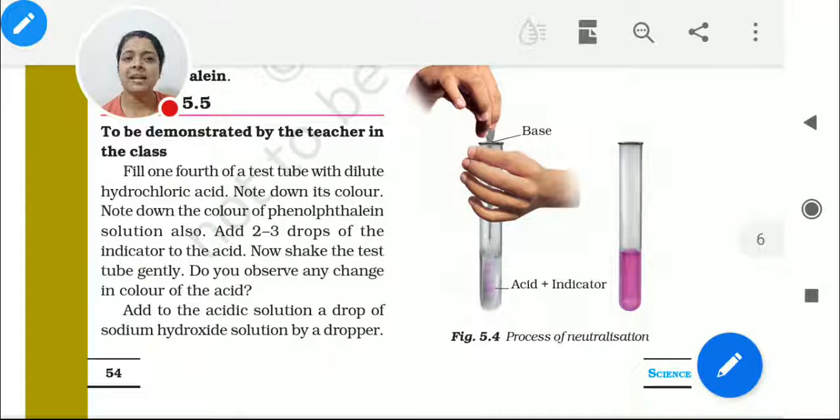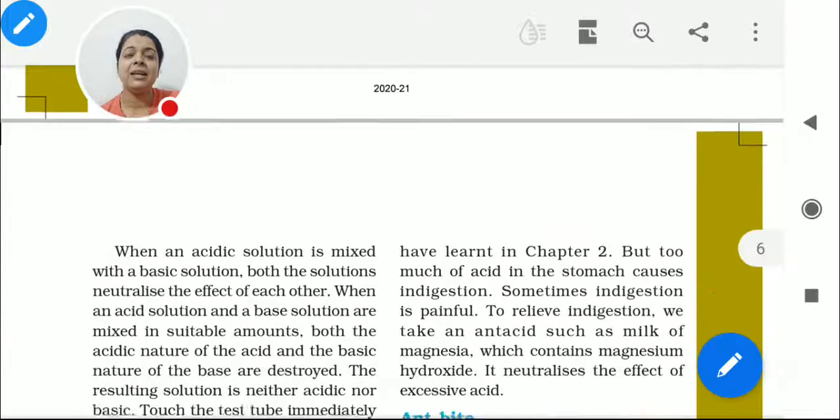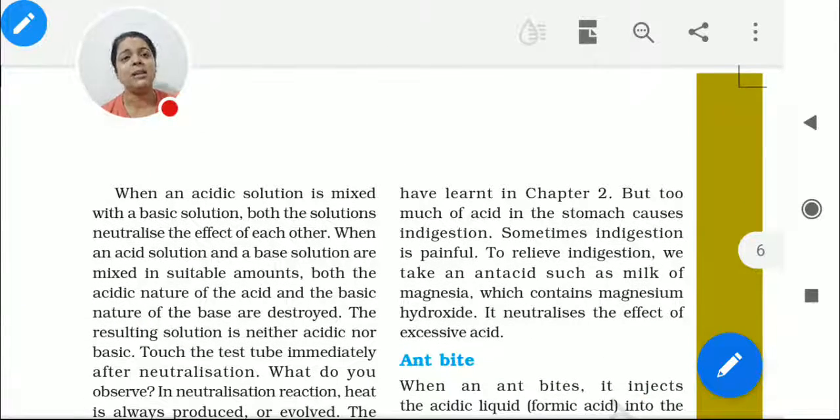So what exactly was it? When you go drop by drop, one acid drop and after that one base drop, what do we find? It shows that when there is a sufficient amount of acid and base mixed together, it makes the things neutral.